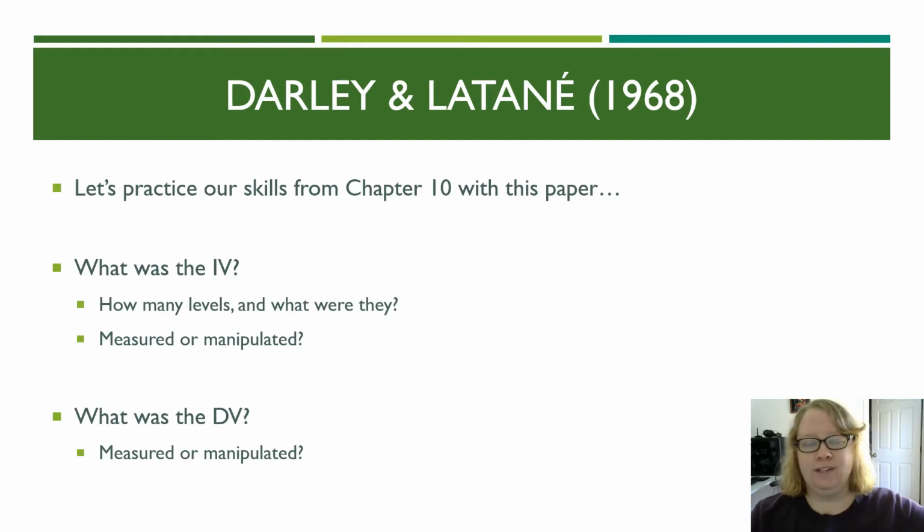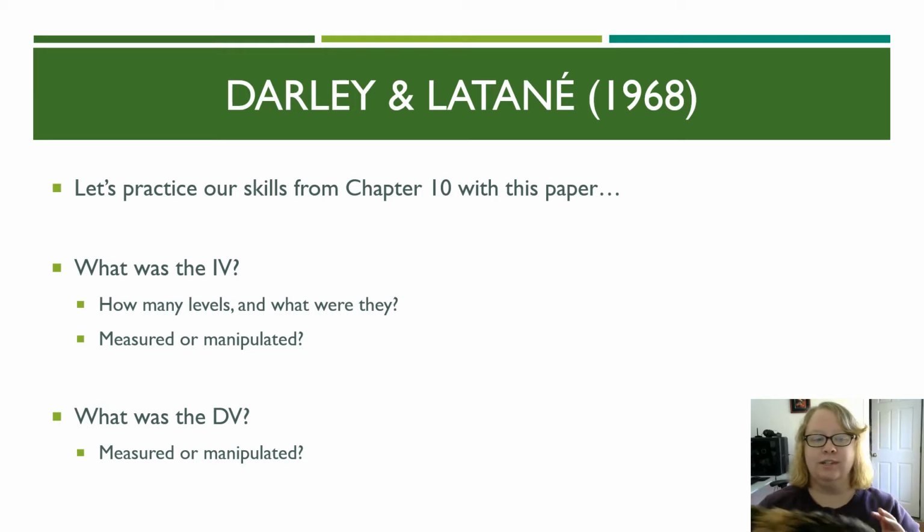All right, so hopefully that was enough time, so let's talk about the answers now. First off, what was the IV? The IV in this study was group size or number of bystanders. There were 3 levels, the 3 conditions of the independent variable. One was the group size where the participant was alone with the confederate. There were no other bystanders.